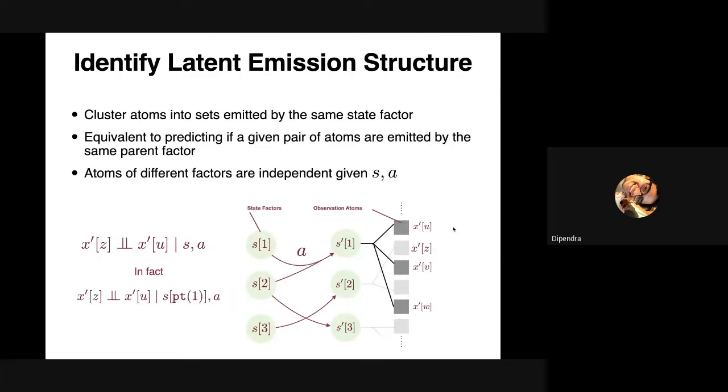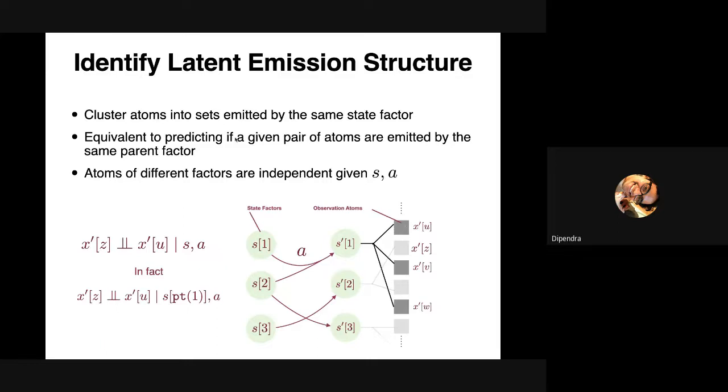In this first step, our goal is to partition the set of atoms into sets such that each set is a set of atoms emitted from the same factor. In this example, we want to show that U, V, and W are atoms emitted from S prime 1, and Z is an atom emitted from another factor. This is equivalent to predicting if a given pair of atoms are emitted from the same factor or not.